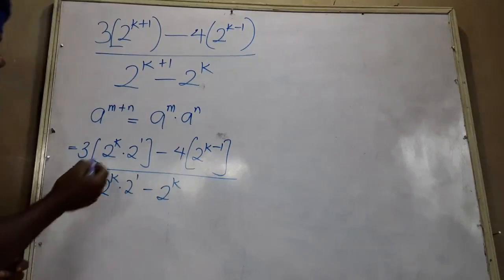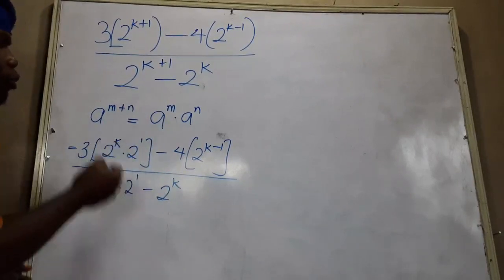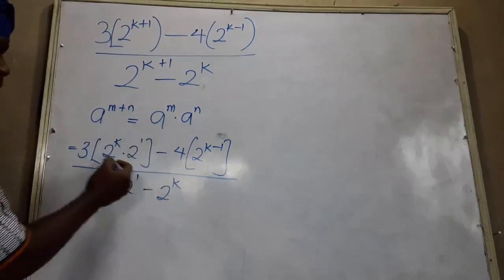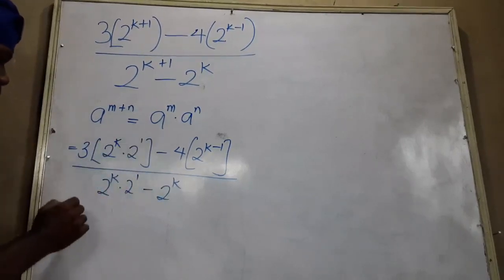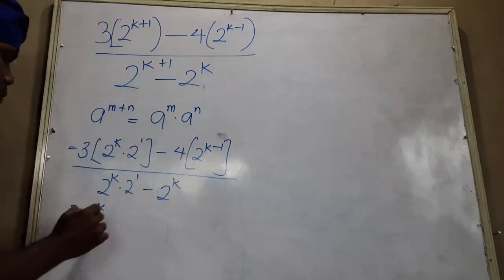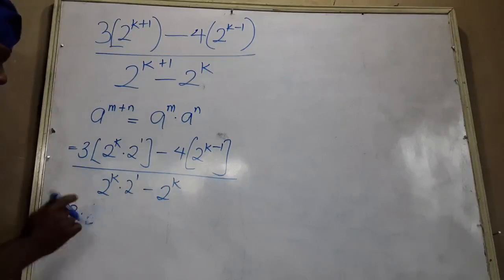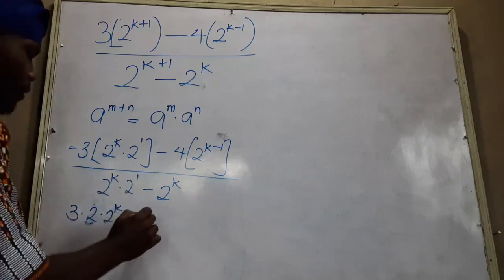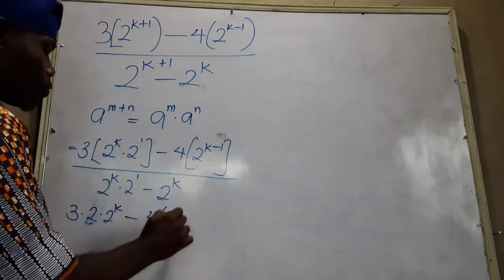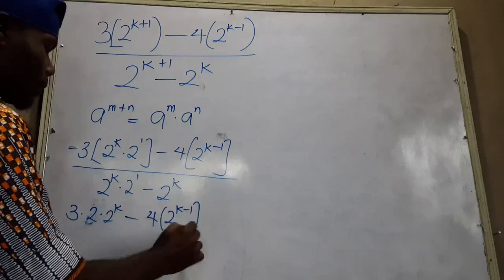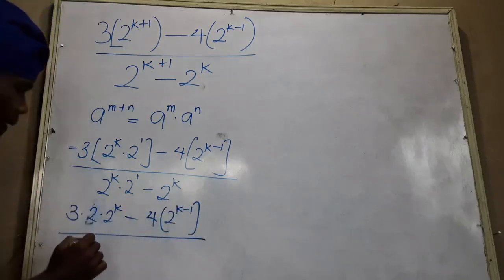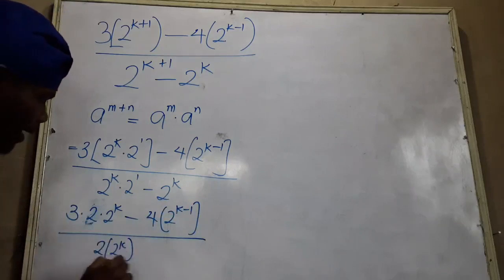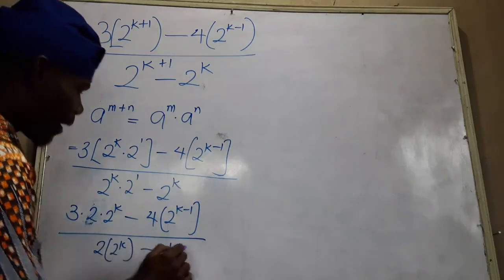Now, 2 raised to power 1 can also be written as 2. So let's try to expand the bracket here. We have 3 times 2 raised to power 2. Let's put the 2 here first. Times 2 raised to power k, minus 4 times 2 raised to power k minus 1, divided by 2 bracket 2 raised to power k minus 2 raised to power k.